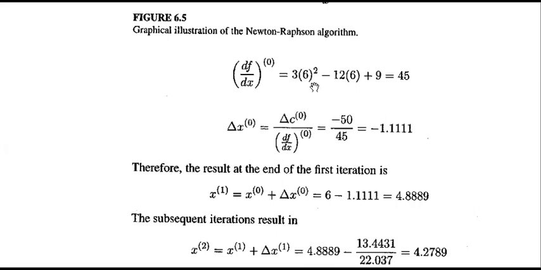You have the regular equation in your hand, right? Because here you don't have the regular equation, so that you can put this value 4.2789 for the next iteration.